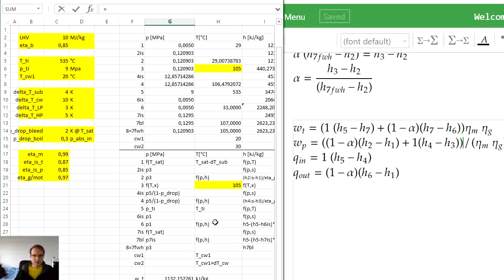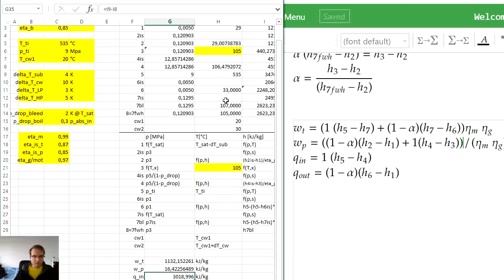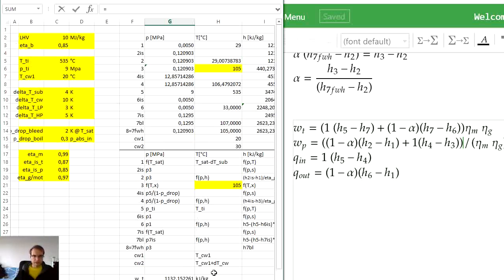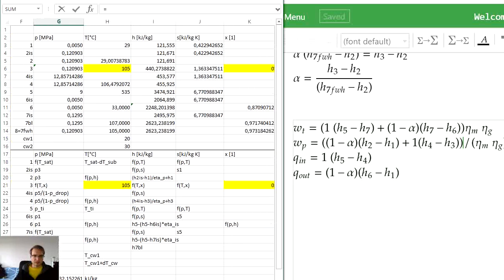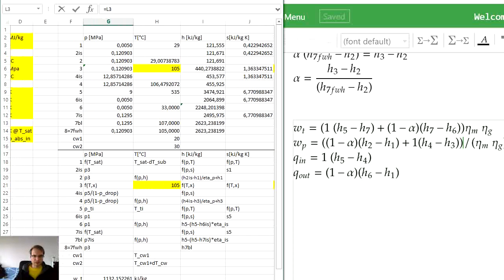Now the heat input is straightforward. It's just H5 minus H4. And the heat output: in the condenser the mass flow rate is less than the maximum mass flow rate by the bleed of the steam.